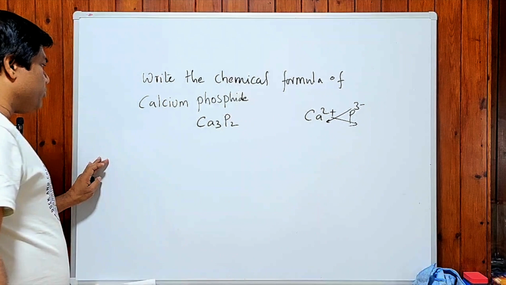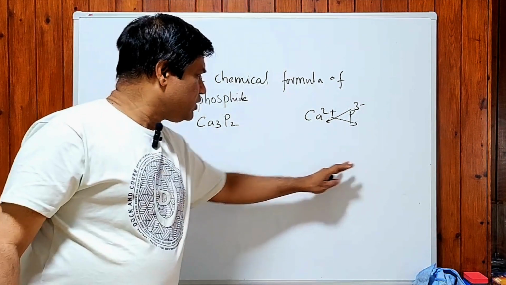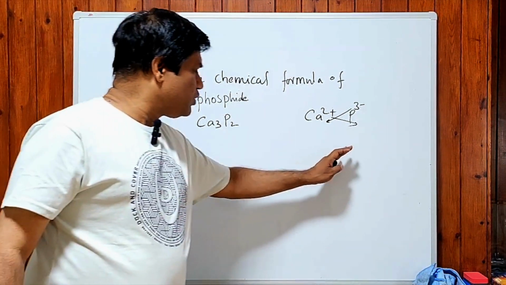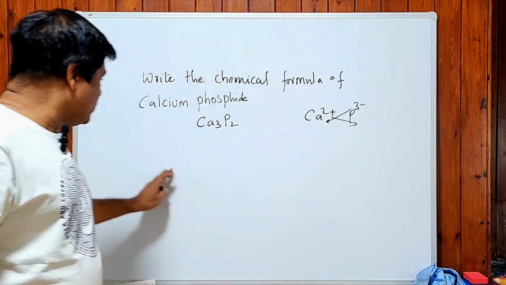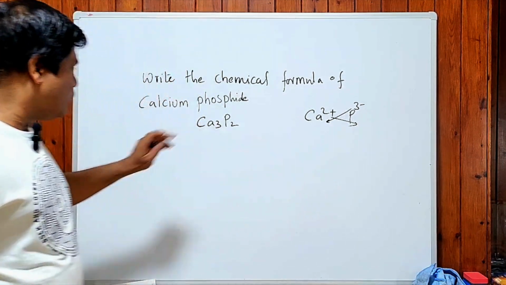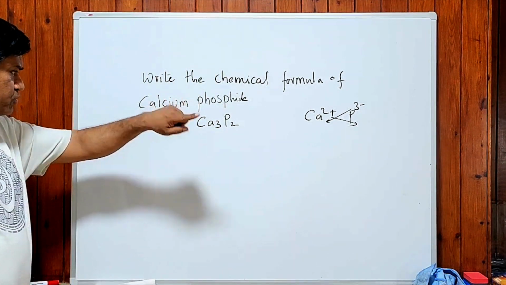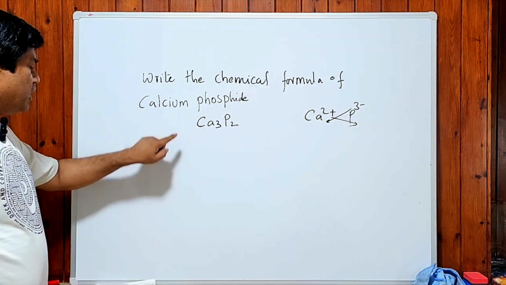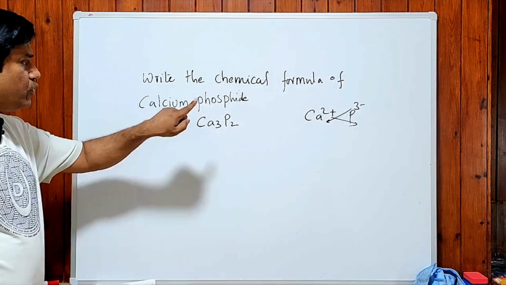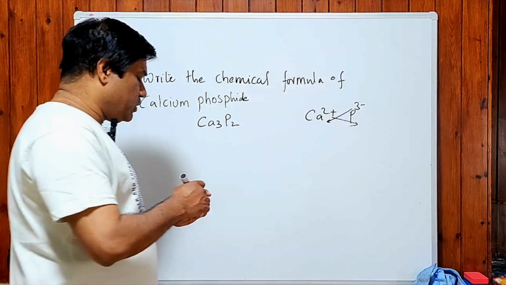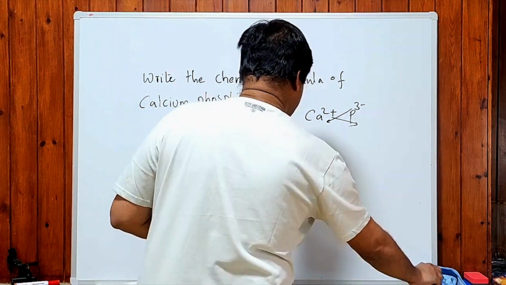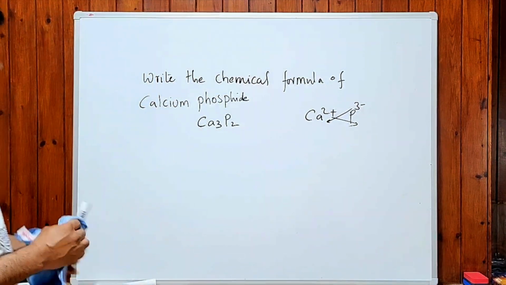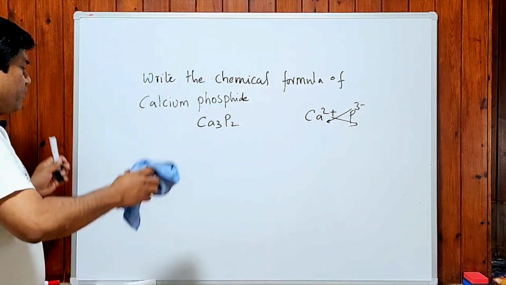We have done group 1 and group 7, group 1 and group 6. Now, group 2 and group 7 we have done, group 2 and group 6 we have done, and group 3 with group 5 we have done. Now, last one, group 3 metals with group 7.